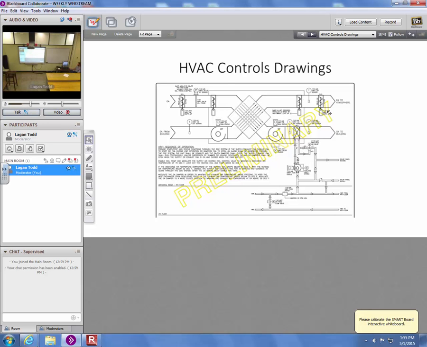This should give you everything you need to know to understand how that system is intended to be operated. You know, what inputs are going to be read into the controller, what logic the controller is going to have to accomplish, and then you can see what outputs go where, to different dampers and valves and motors and things like that.